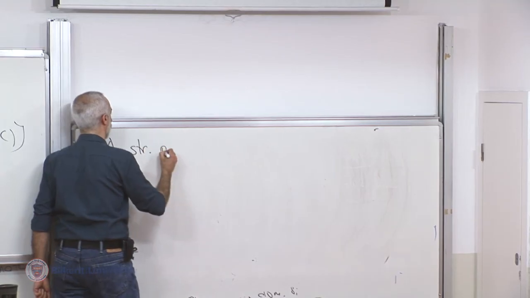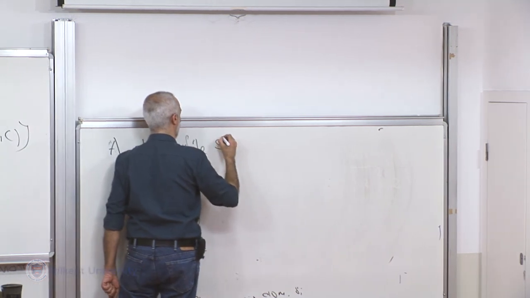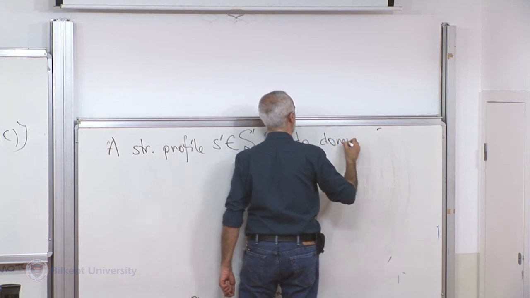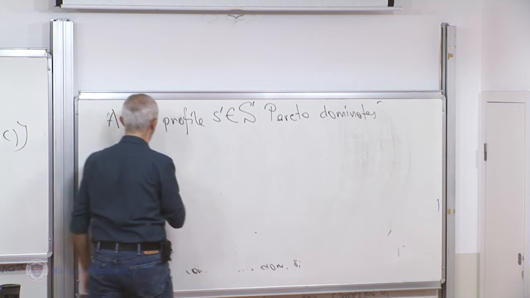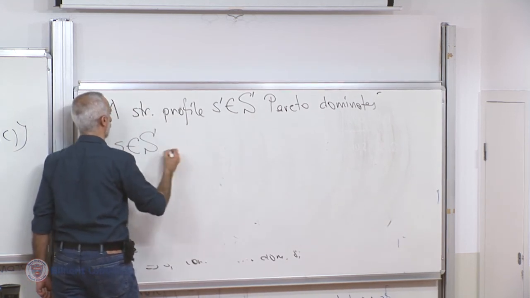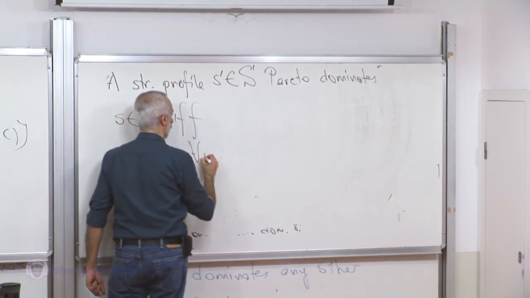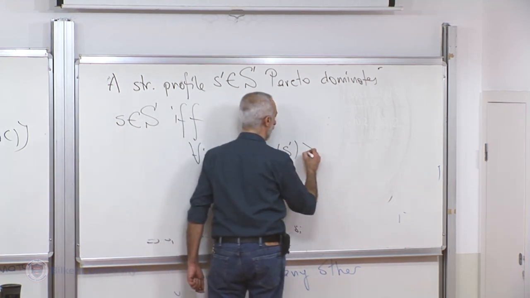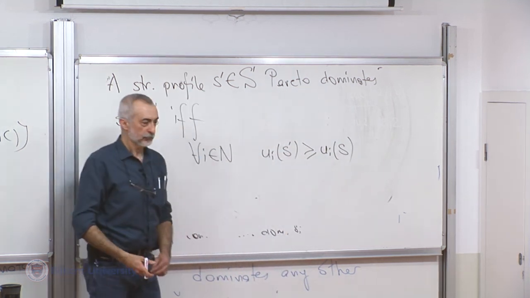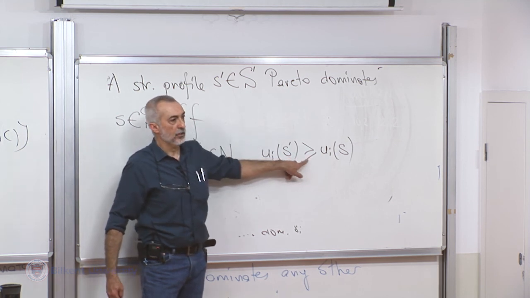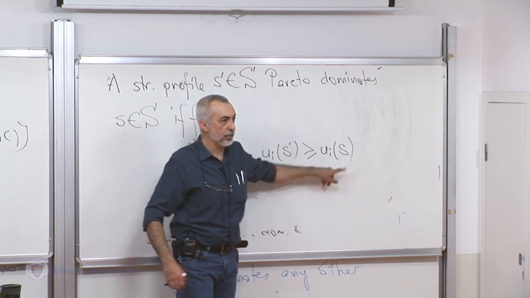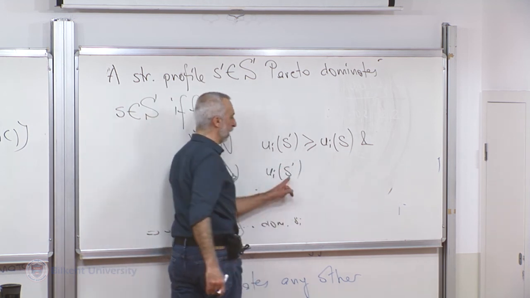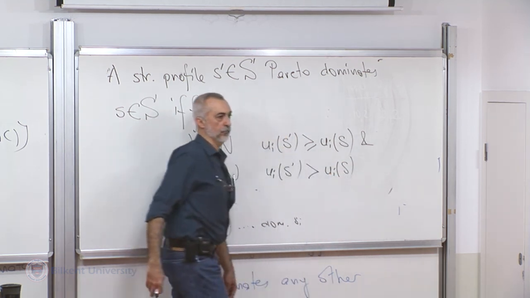A strategy profile S prime, so that's a profile, not a strategy, Pareto dominates a profile S if and only if for every player, the strategy profile S prime is at least as good as the strategy profile S. That is, the outcome induced by the strategy profile S prime is at least as good as the outcome induced by the strategy profile S. And there is at least one player for which the outcome induced by the strategy profile S prime is preferred to the outcome induced by S. Okay?